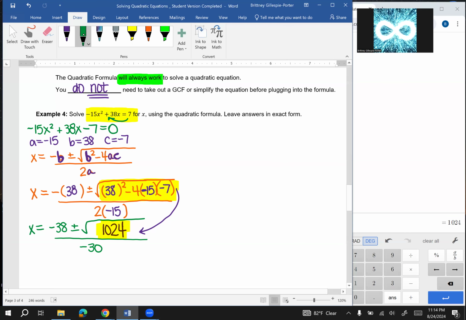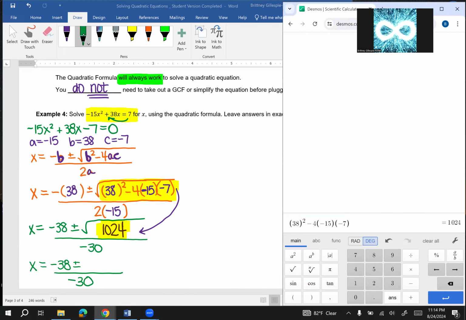Now that we have the radicand simplified to one number, let's find out what's going on with the radical. So we're going to take the square root of 1024 and we get a nice whole number. Since it's a nice whole number, there's not going to be a radical anymore.